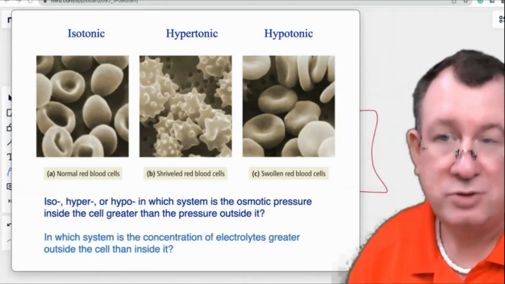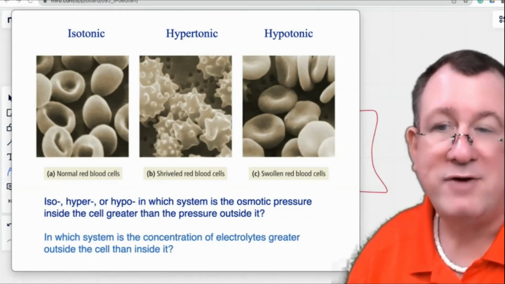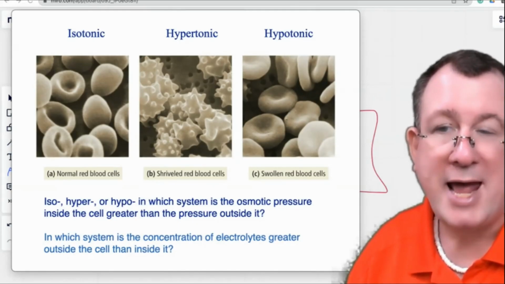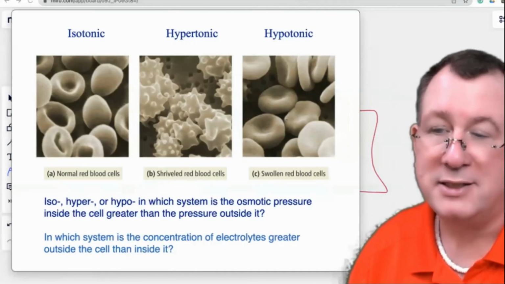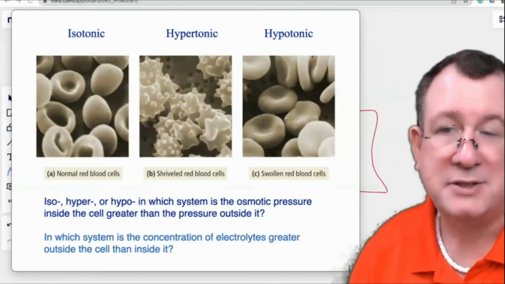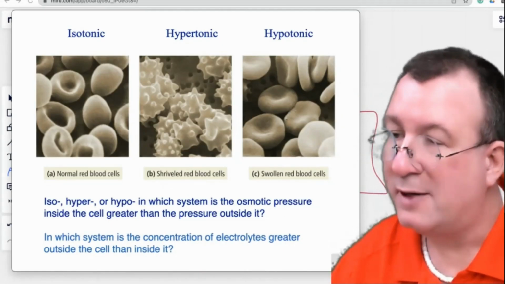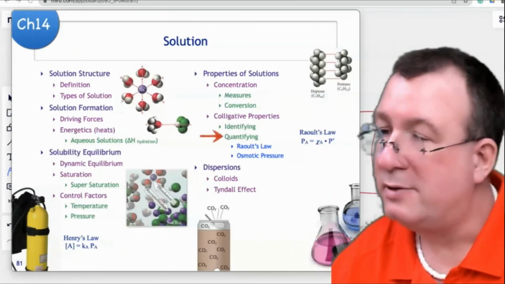And if you've got too much salt in your blood, if you're pounding the Gatorade and putting too much salt in, then you've got more salts dissolved in your blood, and it'll suck all of the liquid out of the blood cells, and it'll actually cause them to collapse. So this osmotic pressure thing has real implications, not just in plumbing, but also in biology.